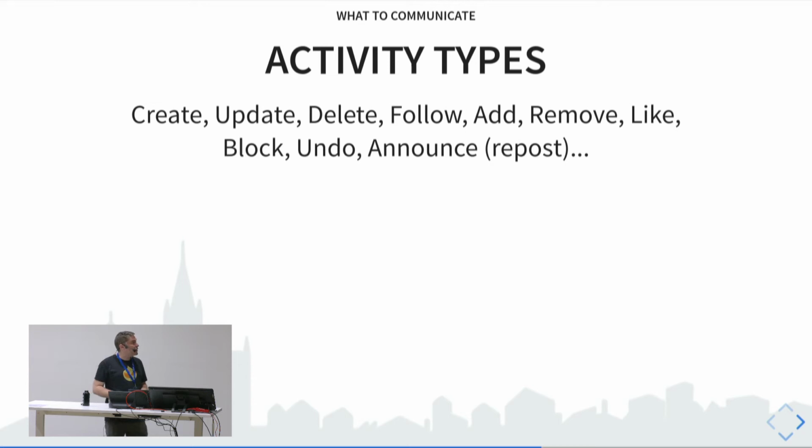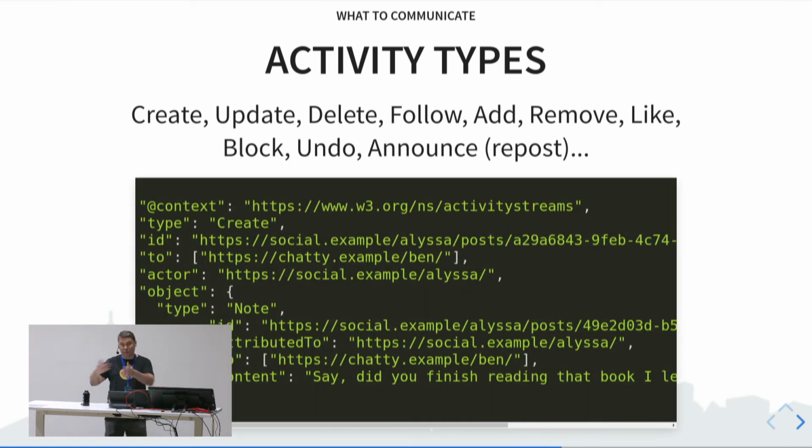And then the third type is basically your events in Drupal. It's the activity types, particularly create, update, delete. So you need to announce the fact that you want to create a piece of content, or you have created a piece of content, and the person following should also create the piece of content. And to make this actual, these have to go into the outbox to say that this has happened.